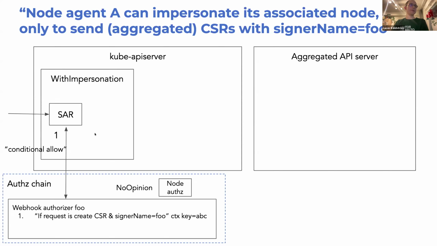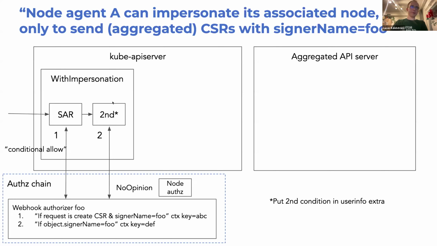Then what would happen first is the subject access review checks, can you impersonate your associated node? The node authorizer, which is first in the chain, says no opinion, and then you have some authorizer here that says yes, conditional allow, and only if the request is create CSR and signer name foo.